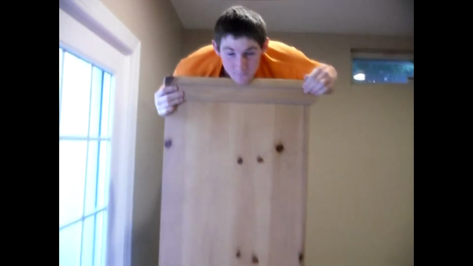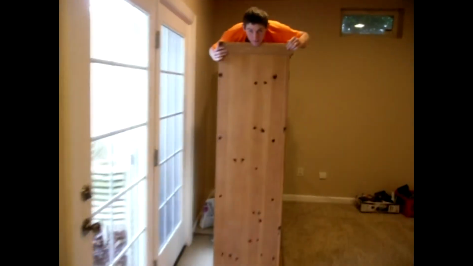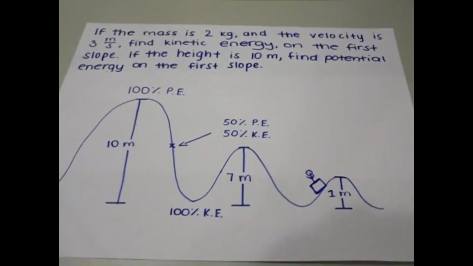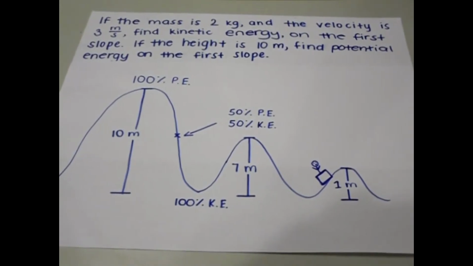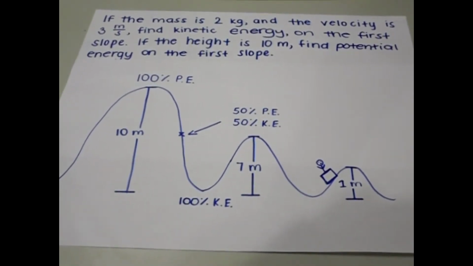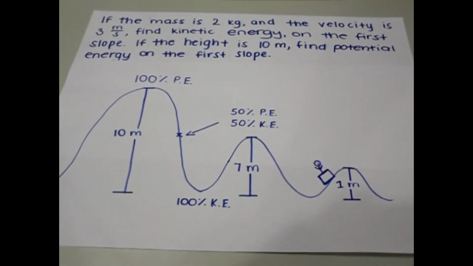Let's do a practice problem. If the mass is 2 kilograms and the velocity is 3 meters per second, find kinetic energy on the first slope.